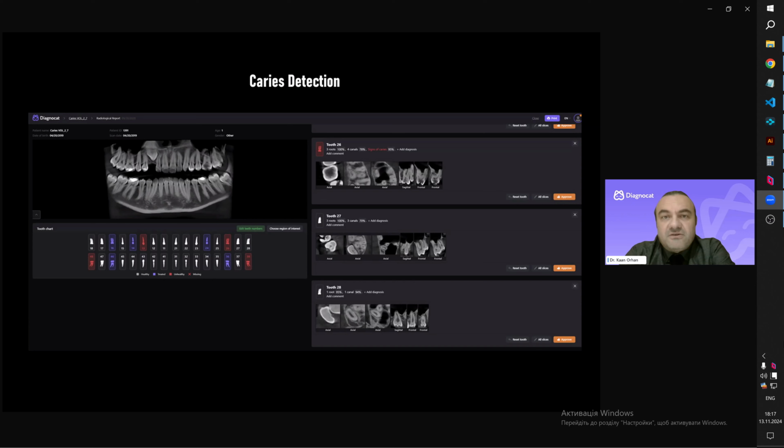But right now, together with AI modeling, we have another opportunity and another tool to correctly diagnose caries lesions from CBCT.